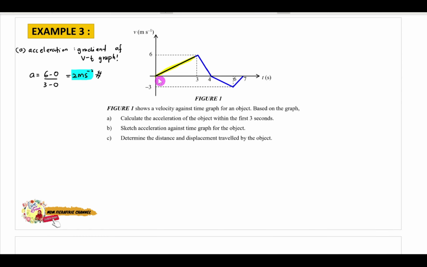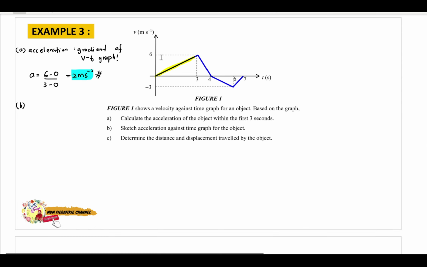And the value, awak tengok dia punya magnitude, nilai dia 0, 1, 2, 3 semakin meningkat, and then the value is positive, means that it's moving towards positive direction. Okay, V is increasing, so object itu mengalami pecutan, accelerate in positive direction, so it is 2 meter per second squared. Alright, so finish A, and then B, okay, saya tulis kat tepi ni.